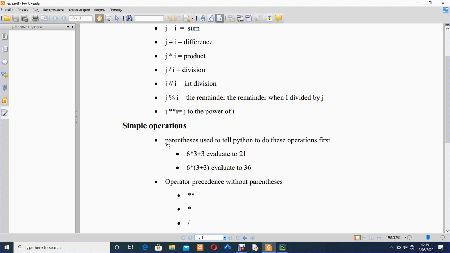The second step says parentheses are used to tell Python to do this operation first.